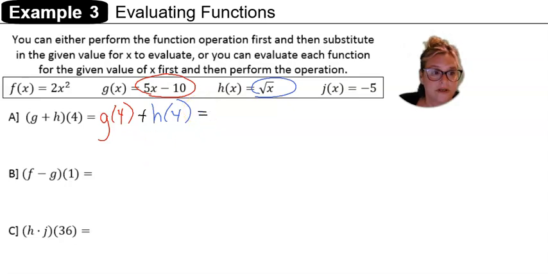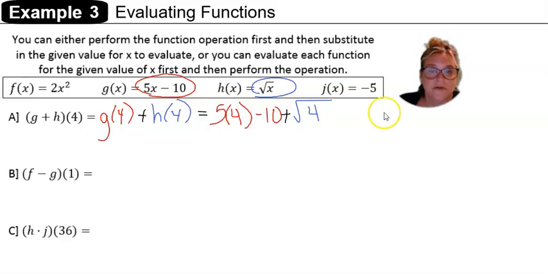Okay, so g of 4 means we're going to take the 5x minus 10, and we're taking this 4 and substituting it in for the x. To that, we're going to add h of x, the square root of x, but in place of x, we're putting in the 4.